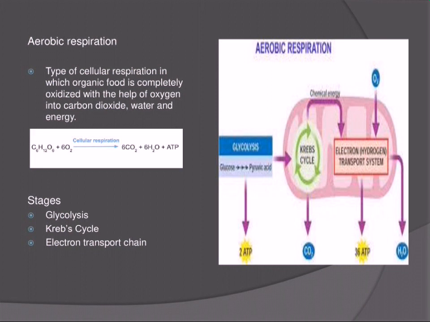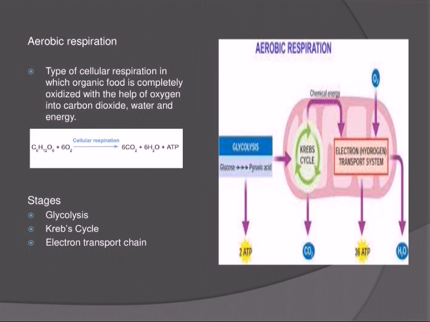NADH2 and FADH2 molecules formed during glycolysis and Krebs cycle are oxidized to NAD plus and FAD plus to release energy via electrons. We studied that in glycolysis, glucose got split into pyruvic acid, and along with that NADH2 also gets generated as a byproduct.